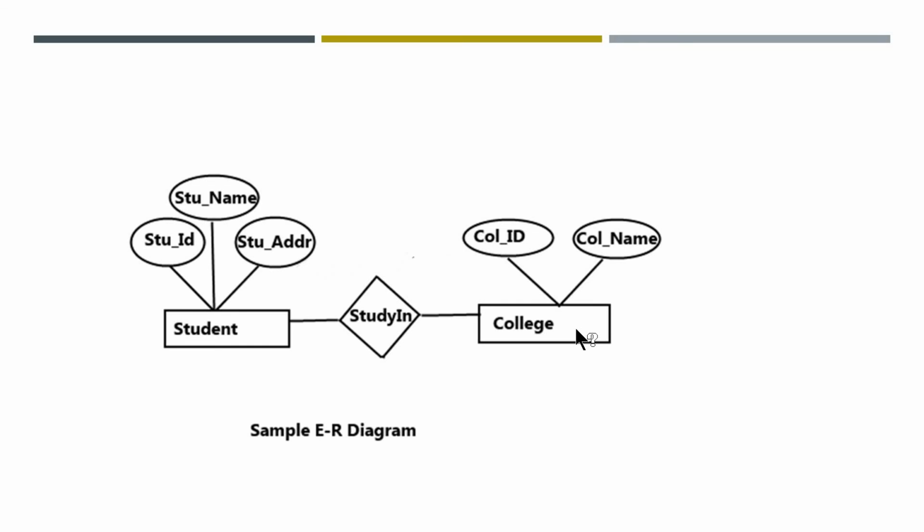Coming to the college entity, here we have two different attributes. One is college ID, the other one is college name. Both are connected to the college entity. Then how are these two entities connected? This is connected via the relationship, and in this case the relationship is study in, that is, a student is studying in a particular college.